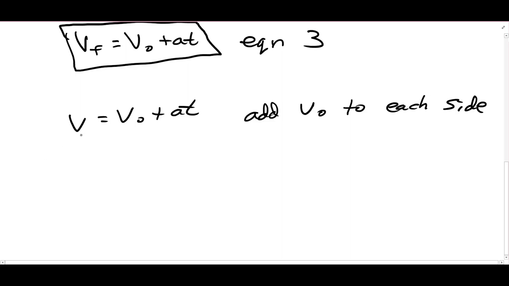Again, apologies for the disturbances there. So v final plus v naught equals 2 v naught plus at.